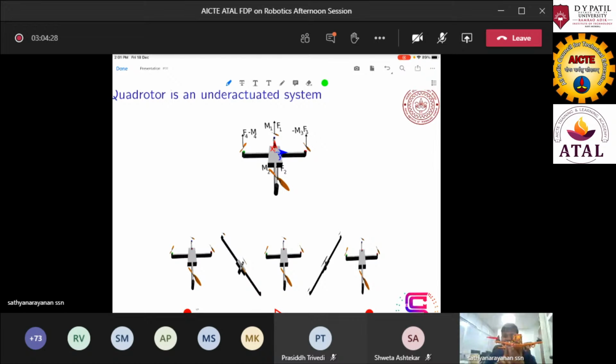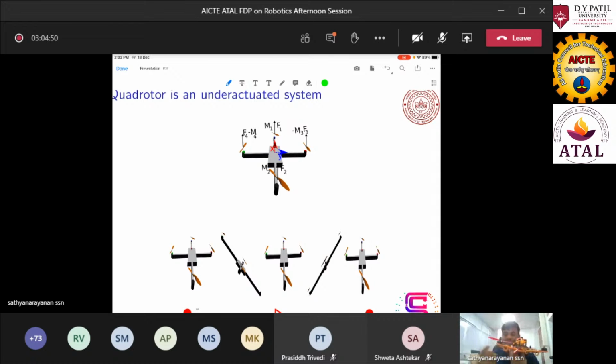In order to generate a force along the y-axis, you have to roll. I should have said what roll is. Roll is nothing but rotation about the x-axis. If you fix your x-axis like this, then the rotation about it is called roll.